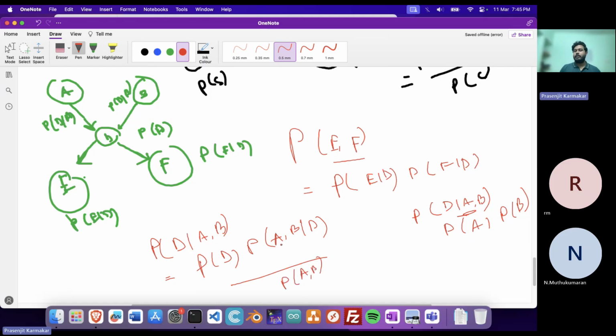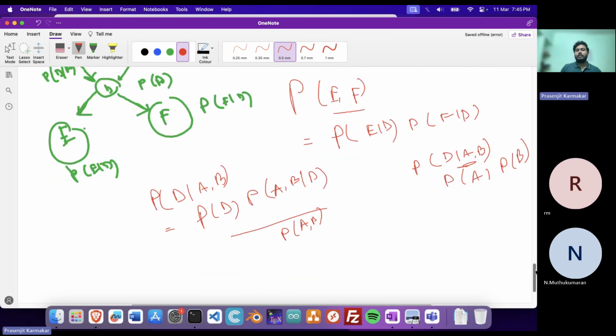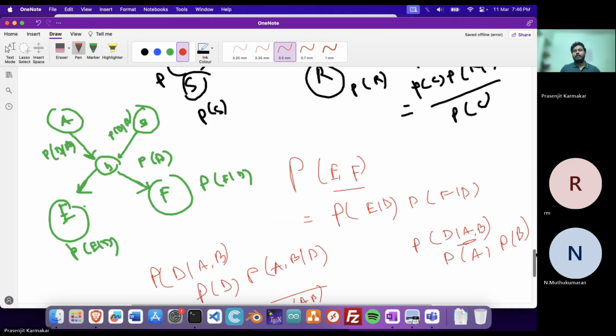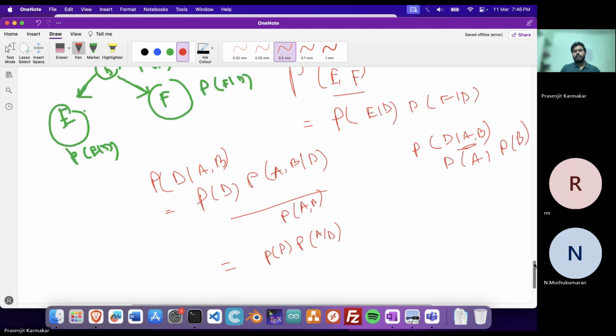Now A and B are independent, right? So what we can do, we can do probability of D, that we can compute from the data. Probability of A given D. Now see D, A given D. So A is actually independent, right? And AB are independent. So this becomes probability of AB actually.